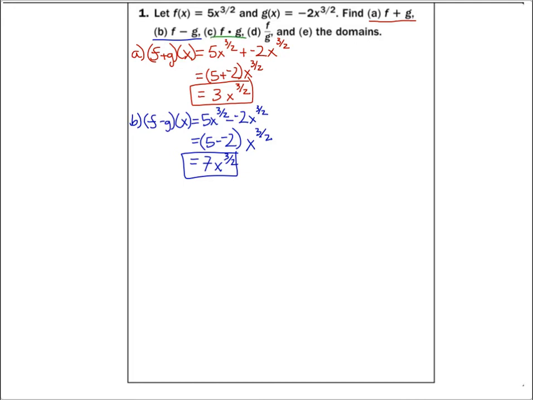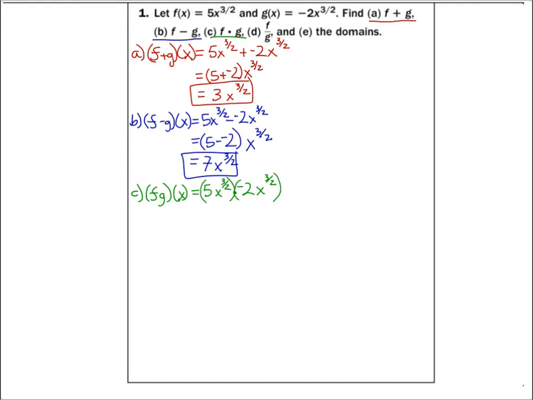Part C, f times g. Well, this is pretty much going to follow the pattern from before. F times g of x is 5x to the 3 halves times negative 2x to the 3 halves. And with this multiplying business, I put a dot there. It might be clearer if you just put them in parentheses.